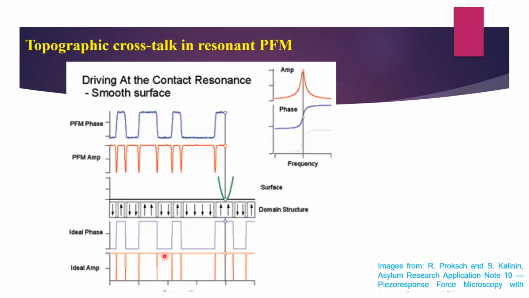However, the resonance PFM is influenced by topographic crosstalk. This topographic crosstalk is due to the samples not being smooth. The samples have some roughness, and because of this roughness, the resonance peak of the tip contact is going to move across the sample.